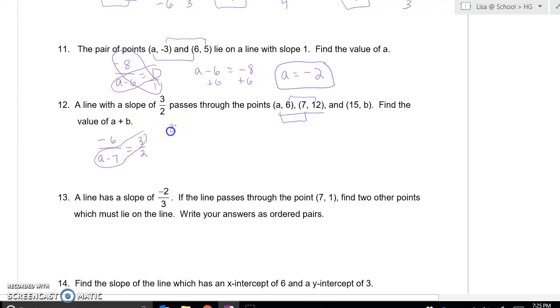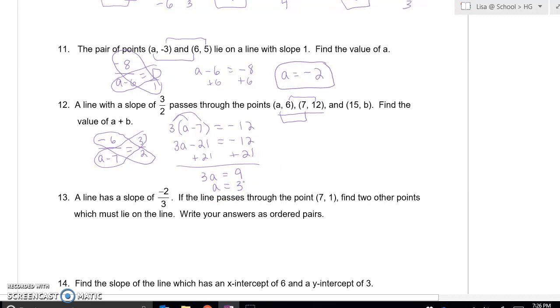This will take a little more work than the last one. You'll have to distribute the 3. -6 times 2 is -12. So we get 3A minus 21. And then add 21 to both sides. 3A equals 9. So A is 3.